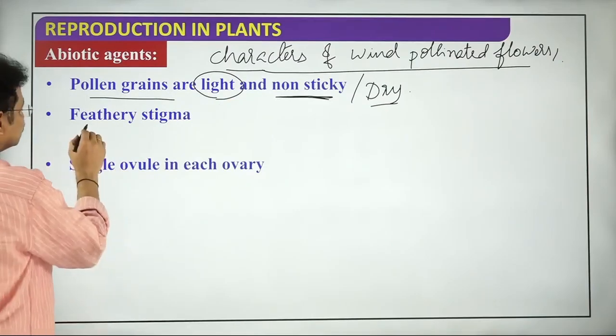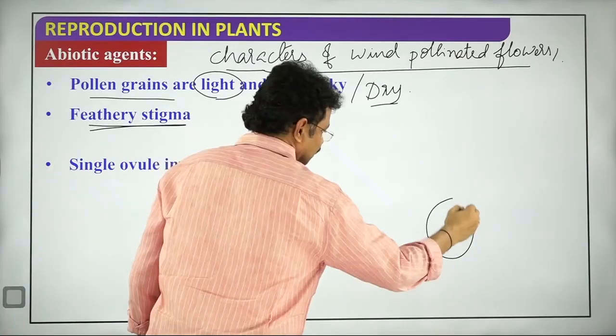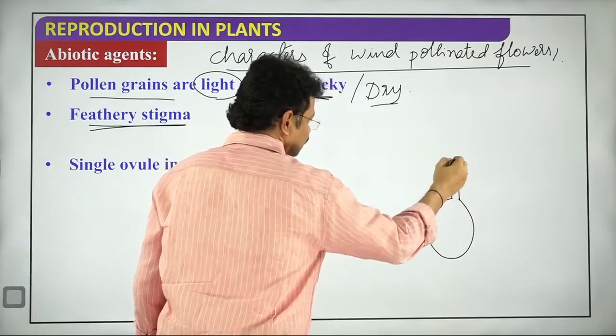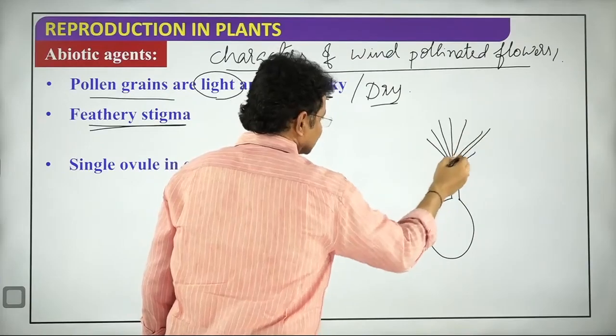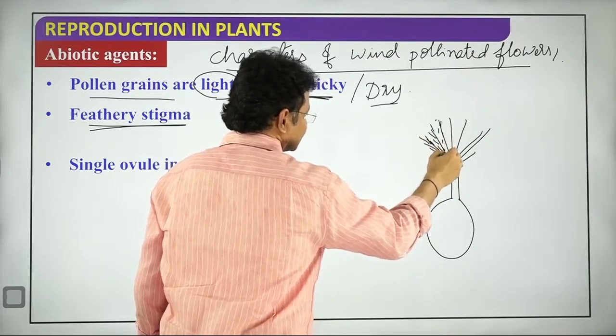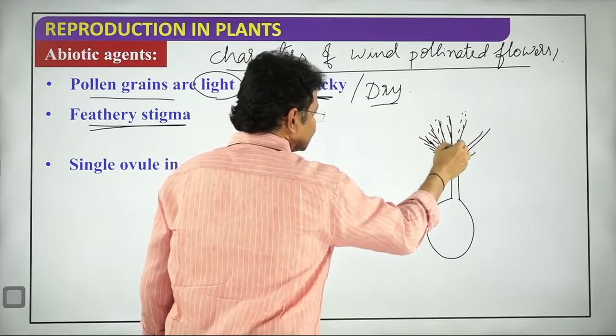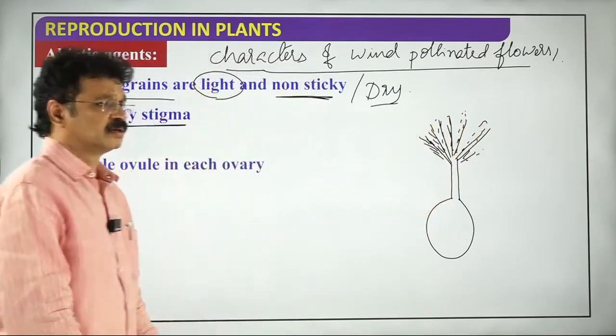Second point, the stigma should be feathery. The carpel has the ovary, style, and stigma. The stigma is divided into many branches and appears like a feather, hence it is called a feathery stigma. This kind of stigma helps to catch airborne pollen.